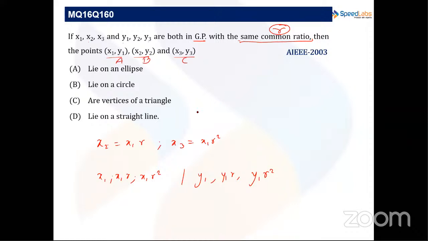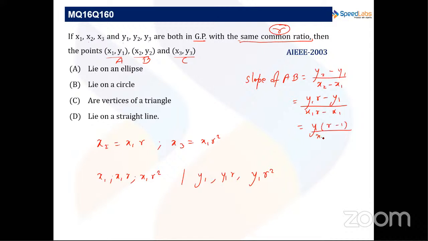So from this we can see that the slope of AB would be y2 minus y1 upon x2 minus x1. So that will be y1R minus y1 upon x1R minus x1. From this, taking y1 common, R minus 1 upon x1 common, R minus 1, we are getting y1 upon x1.